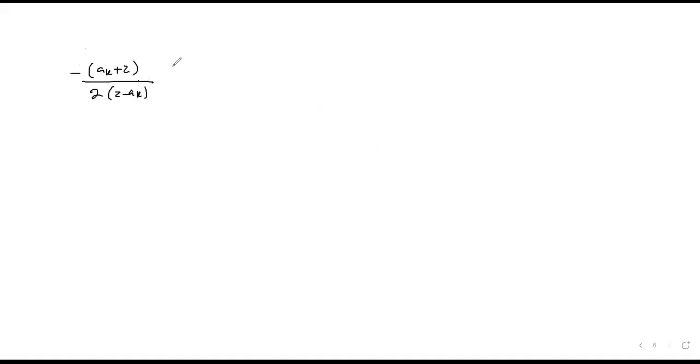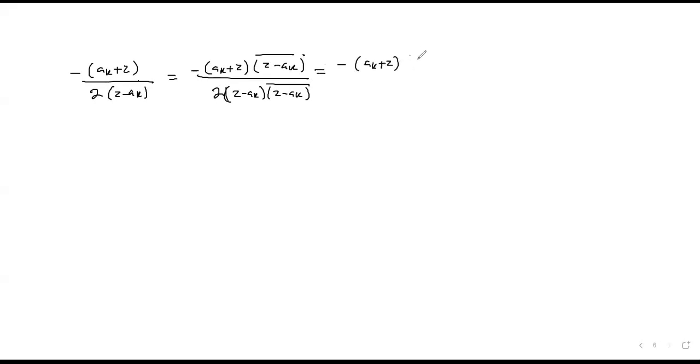First I simplify it a bit, standard formula, so I write it as minus ak plus z into z minus ak bar, whole divided by twice z minus ak into z minus ak bar. And as you can see, this is minus ak plus z into z bar minus ak bar, whole divided by twice mod of z minus ak squared, and then you multiply.